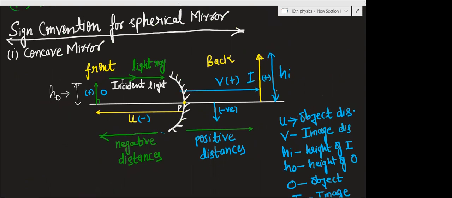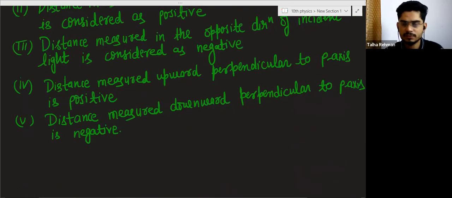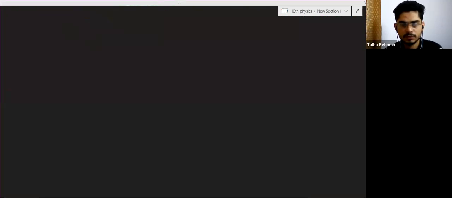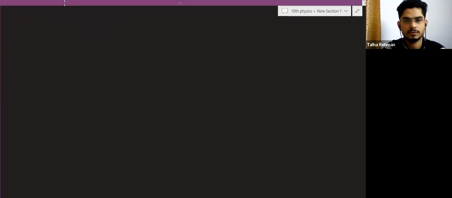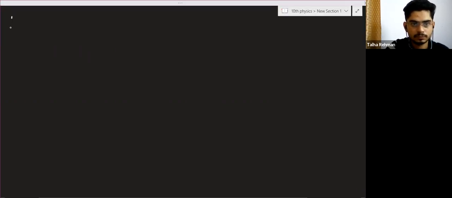So if the object is in front of the mirror, you can say in another way, then the distance of the object from the pole will be negative. We will see in the numericals. No problem. And now, mirror formula.